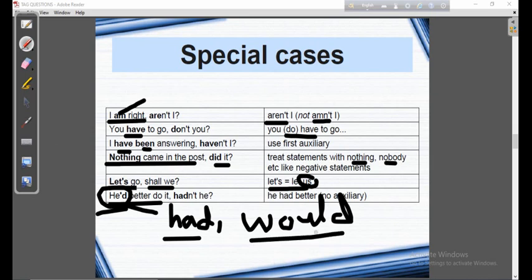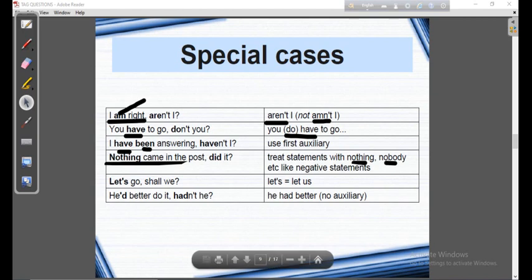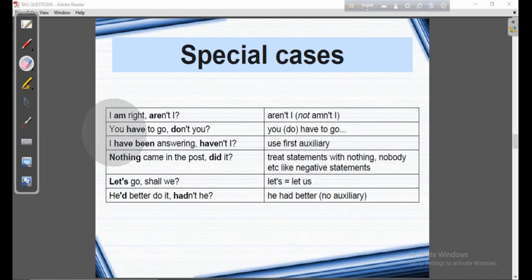But here, dear students, in this sentence, it's a different thing, like he had better do it, had better, had rather, would rather, you had better do it. So it is had, definitely. Okay, you had better or he had better, have no auxiliary, so it will be hadn't he. Okay, you will see some more rules regarding this one: had better, had rather, would rather.